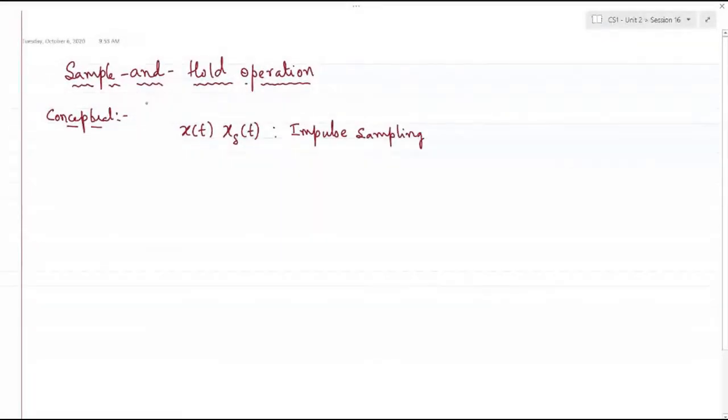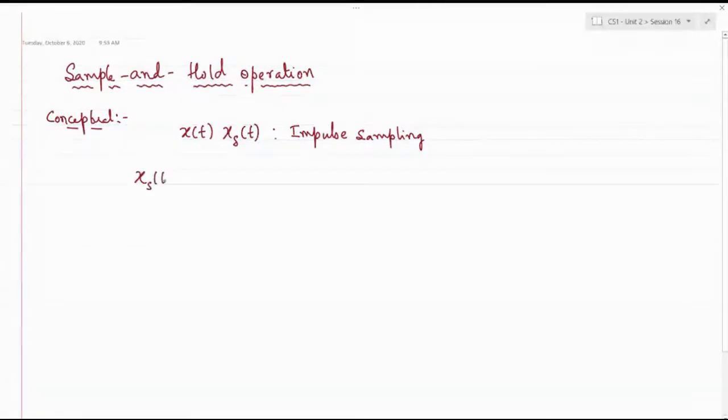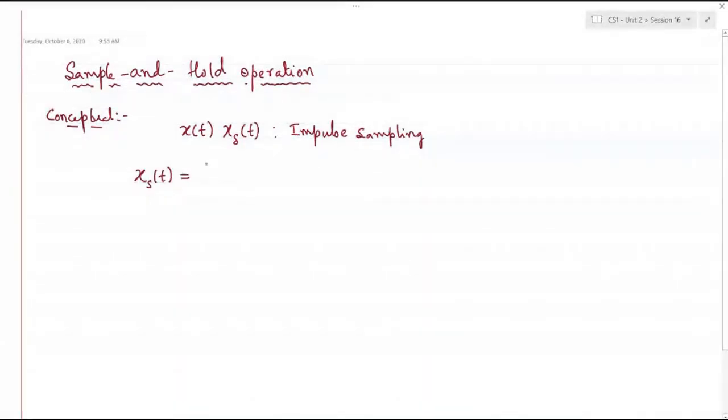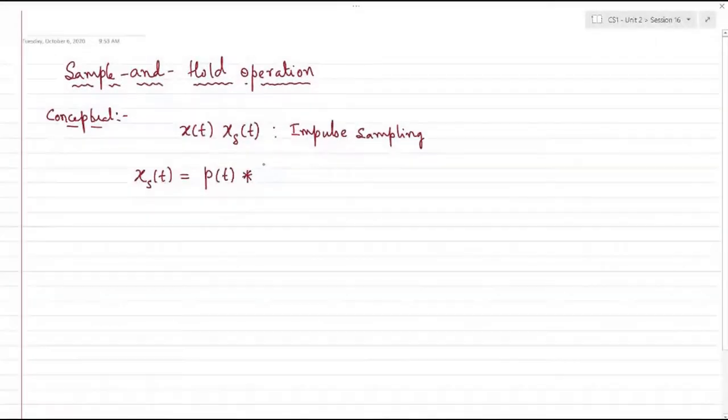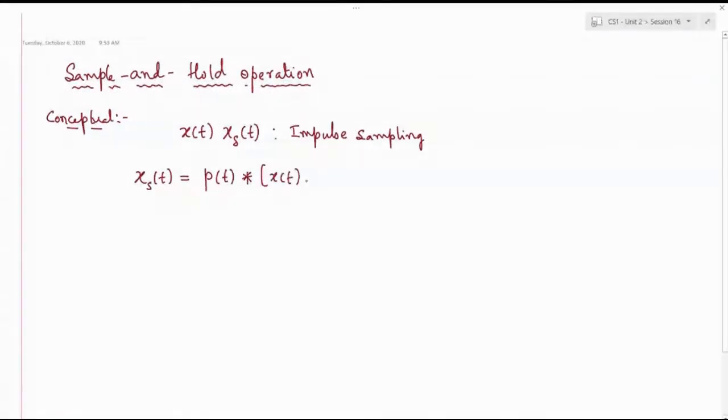Now the sample and hold operation is that method where x of t into x delta of t is convolved with a rectangular pulse. In other words, xs of t, the sampled version, is nothing but the convolution in time domain of a rectangular pulse p of t with x of t multiplied with x delta of t.